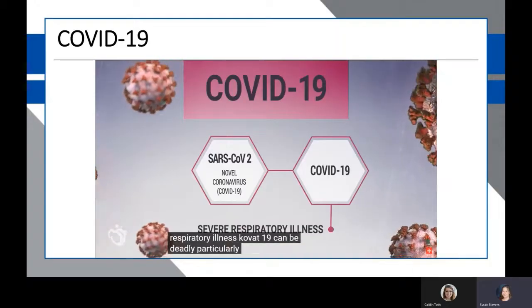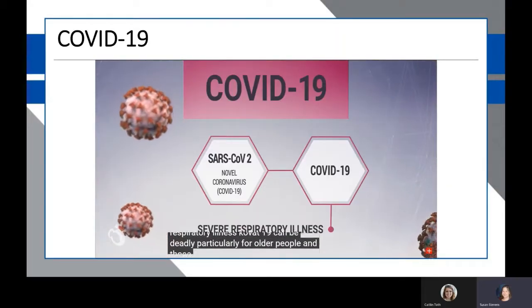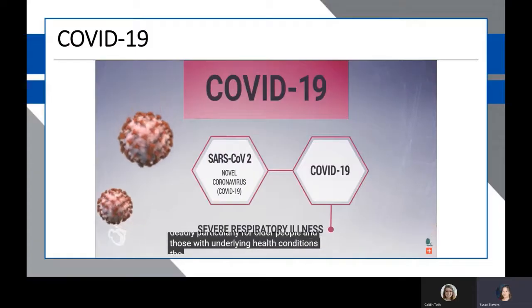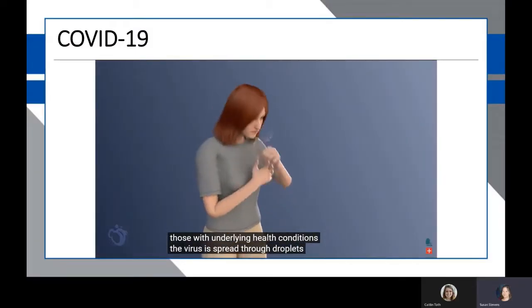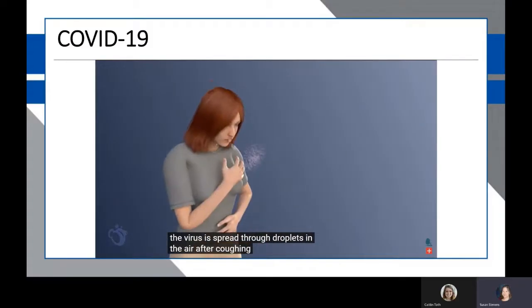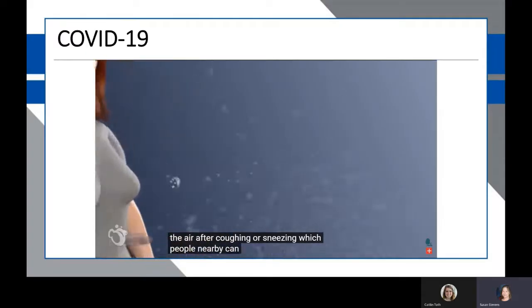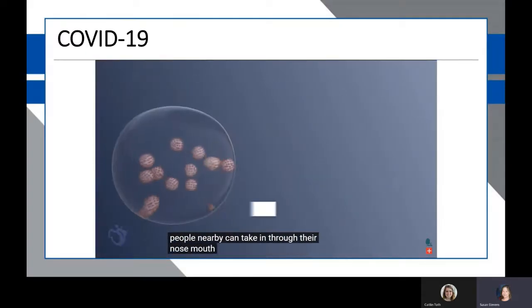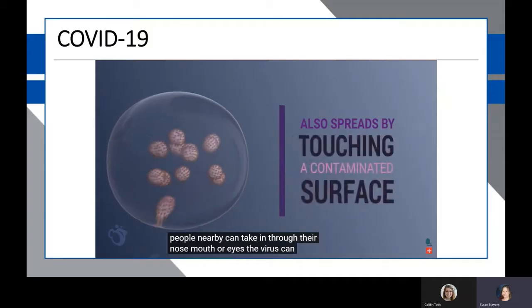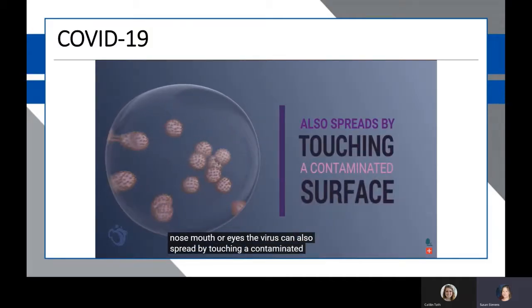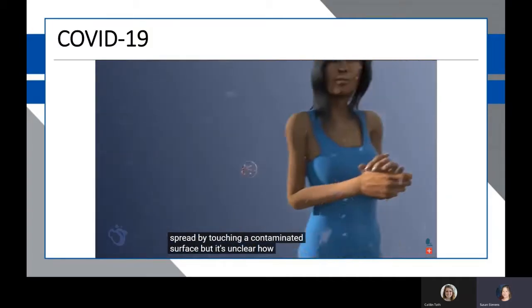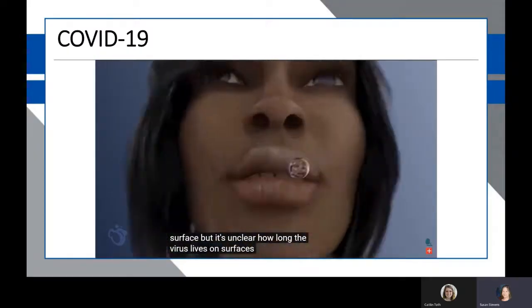COVID-19 can be deadly, particularly for older people and those with underlying health conditions. The virus is spread through droplets in the air after coughing or sneezing, which people nearby can take in through their nose, mouth, or eyes. The virus can also spread by touching a contaminated surface, but it's unclear how long the virus lives on surfaces.